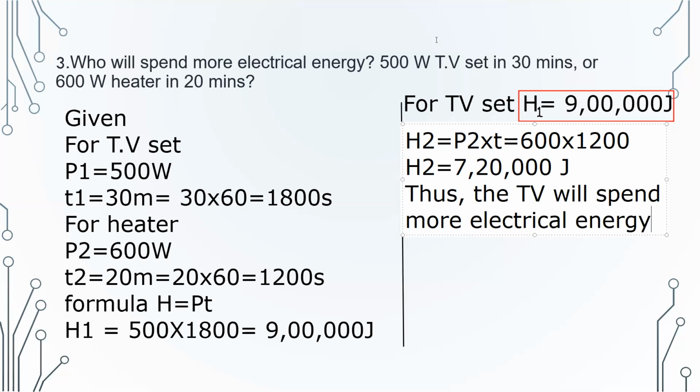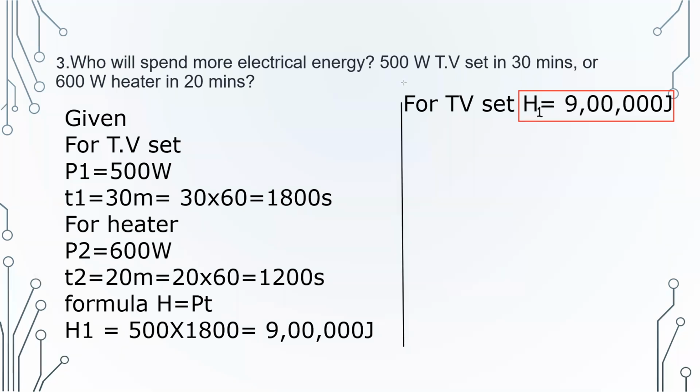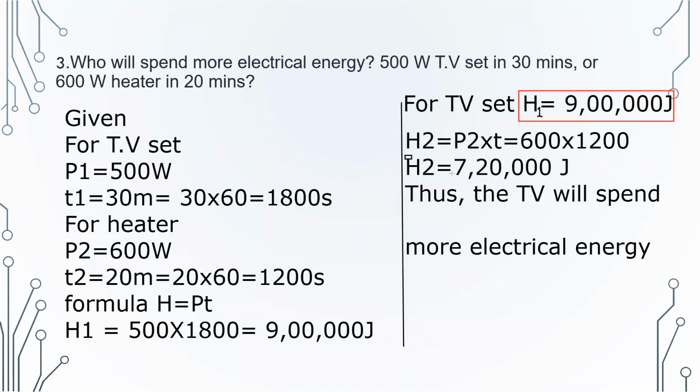Understood? H1 we got 9,000 and H2 we got 7,200. That is, H1 is greater than H2. So TV set will spend more electrical energy. Understood? Now let us start with the next question.